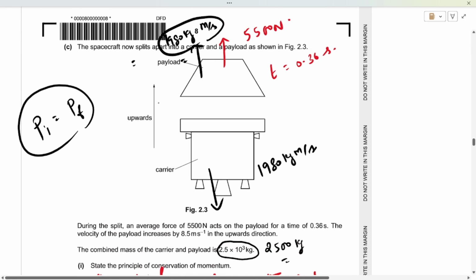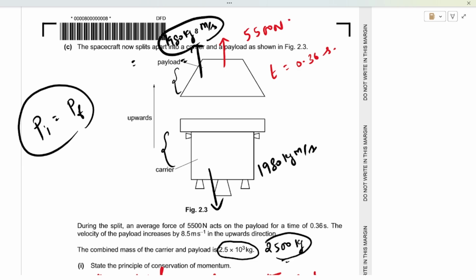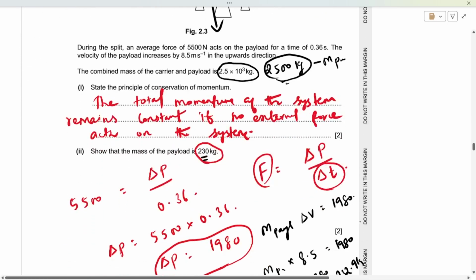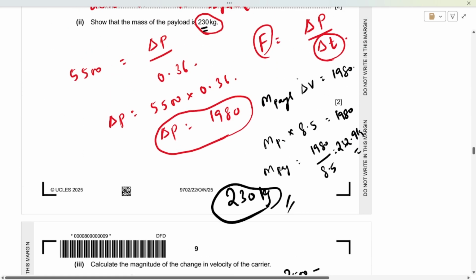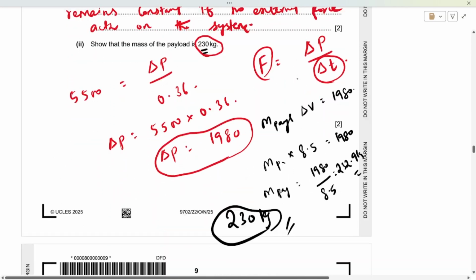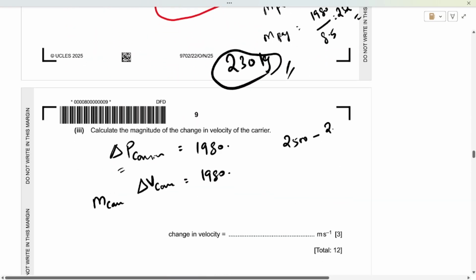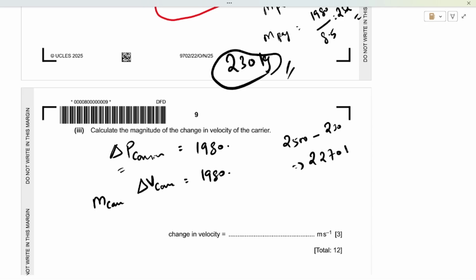So for finding the mass of the carrier, we need to subtract the mass of the payload from the total mass. So it is 2500 minus 230 kilogram, which we will get as 2270 kilo.